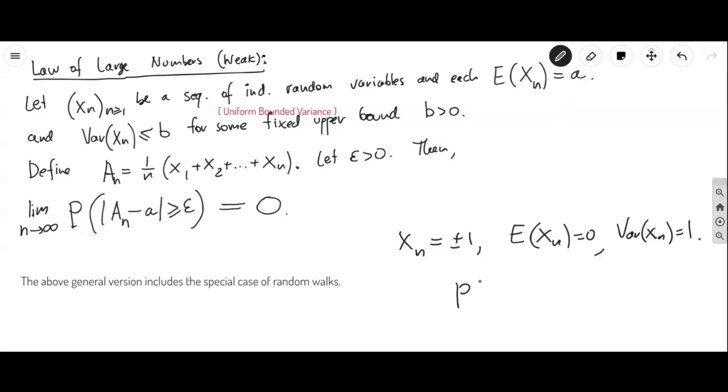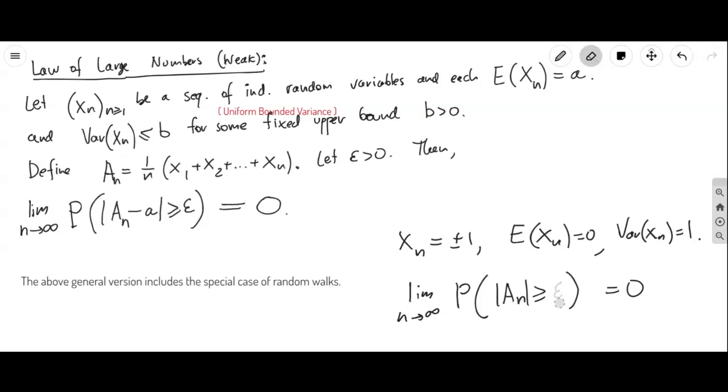And then you're saying the probability that the empirical average deviates away from 0, so in absolute value bigger than or equal to epsilon, the probability of that will approach 0 in the limit.